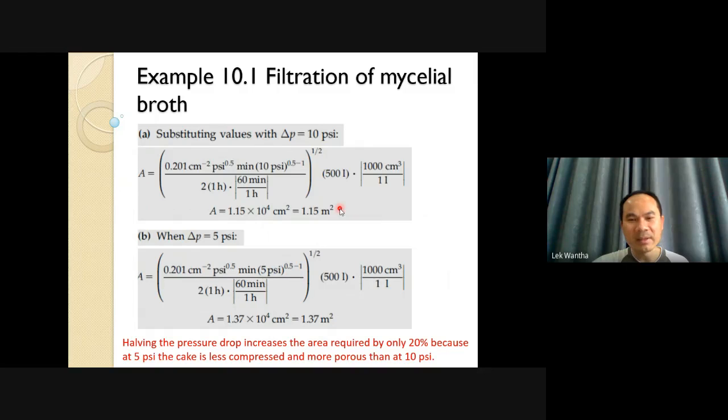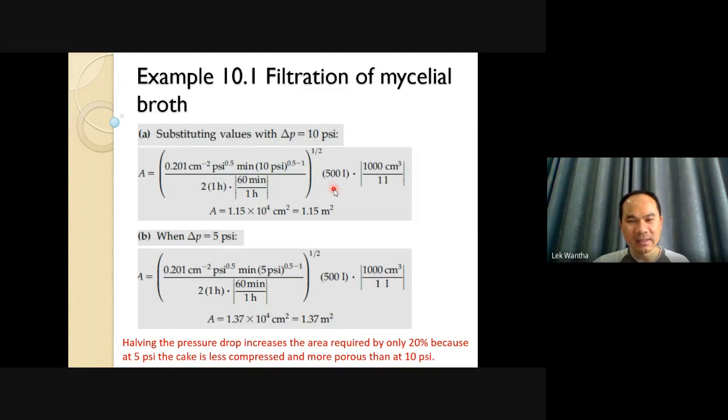We get 1.15 square meter for 10 PSI and 1.37 square meter for 5 PSI. You can see that if you increase the pressure drop, we require a smaller area.